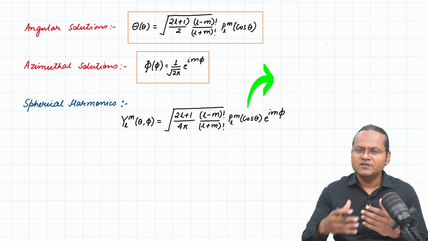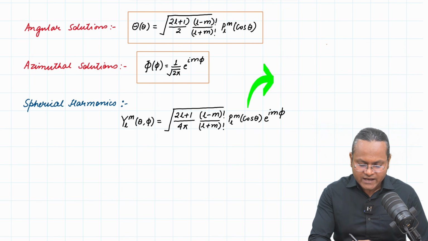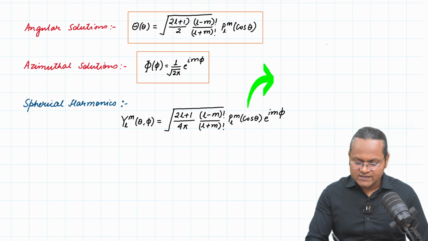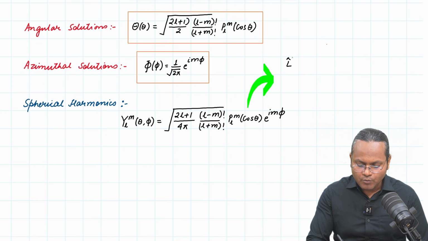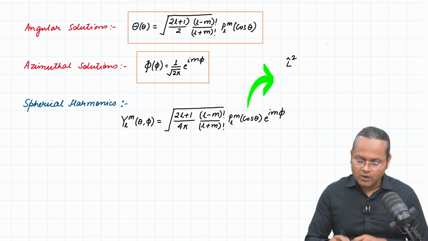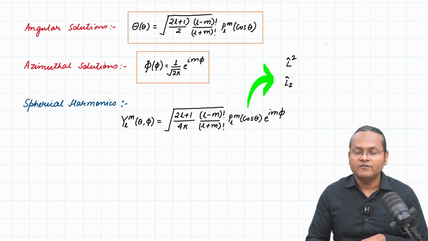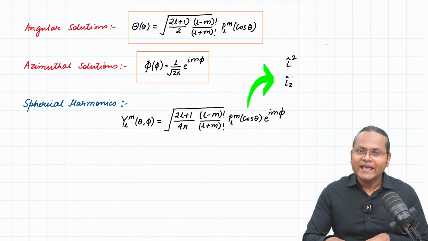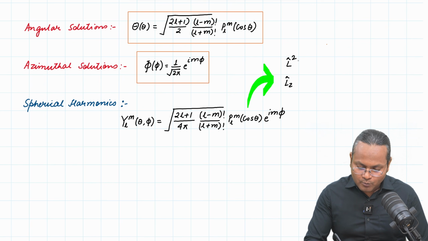We would be discussing this in more detail in a later video, but I just want to mention in passing here that the angular momentum is associated with two very important operators, the L squared operator and the Lz operator, which is the component of the angular momentum along the z-axis. These spherical harmonics are the simultaneous eigenfunction solutions of both these operators.